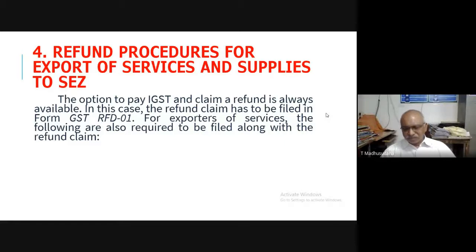That means the exporters of services have to file the following other aspects. What are those?